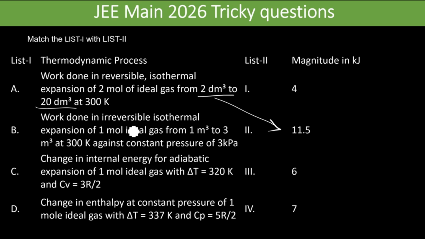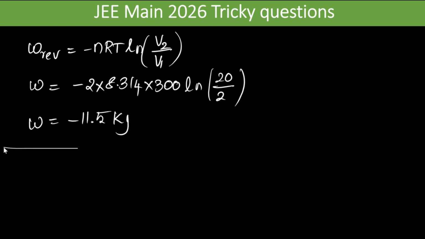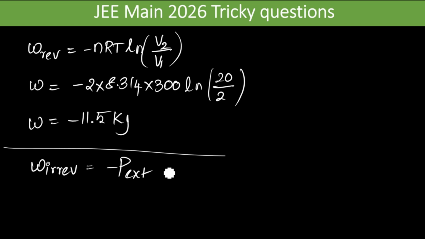And the next one, work done in irreversible isothermal expansion, 1 mole of an ideal gas from 1 meter cube to 3 meter cube at 300 Kelvin against the constant pressure 3 kilopascal. Okay, the work done of irreversible expansion is minus P external of V2 minus V1, right?